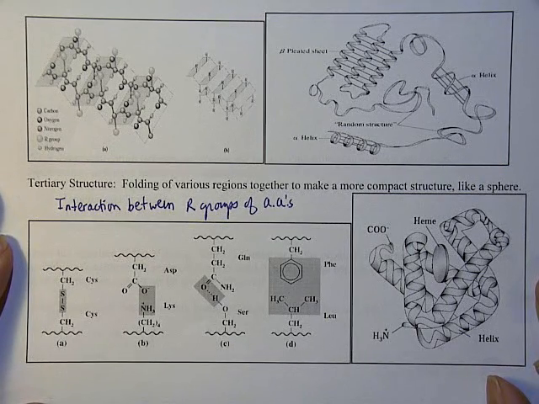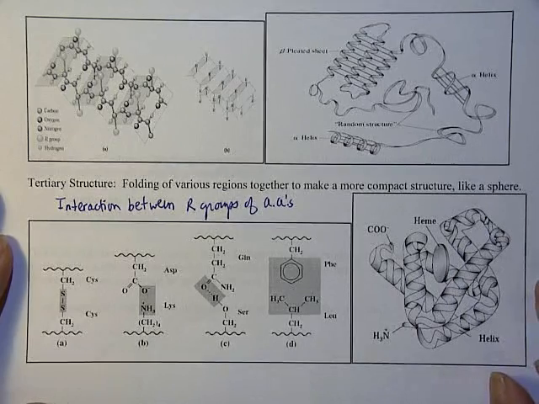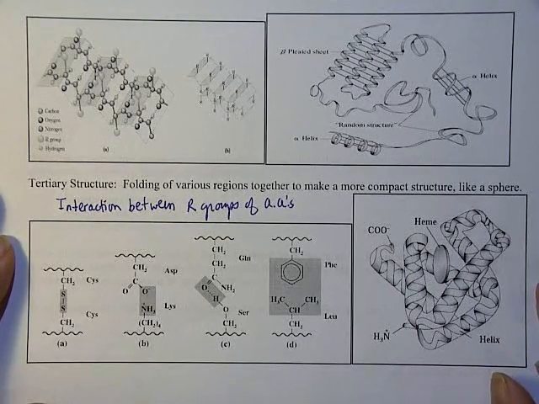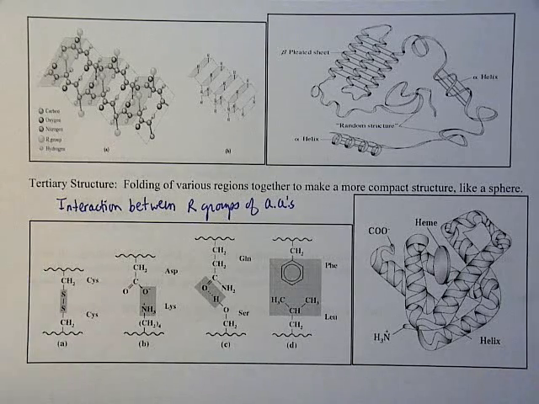So if you do not have the right shape, then even if the primary and the secondary structure is correct, it does not do the job. This is especially crucial for enzymes. They have to have the right shape in order to have the correct activity.